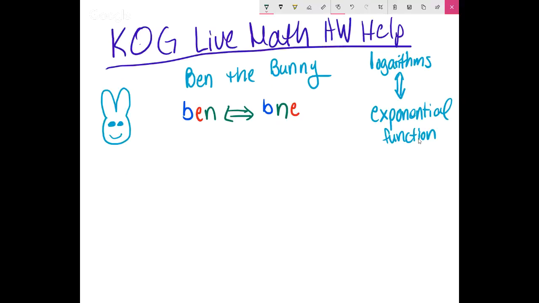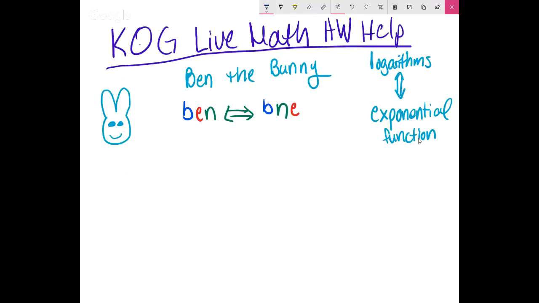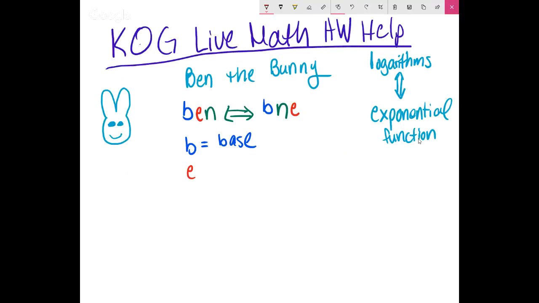It's funner saying bunny. First let me tell you what the letters stand for. B stands for the base, E stands for the exponent, and N stands for the number.